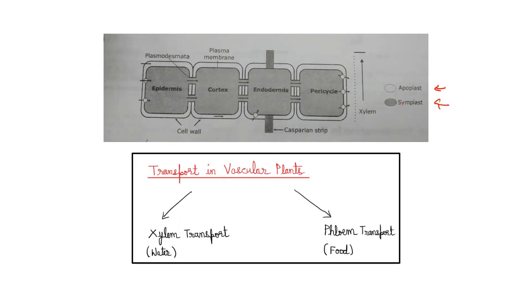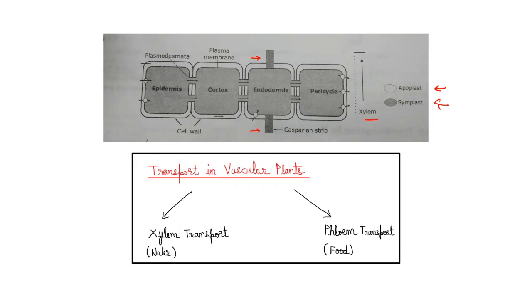Then you'll observe that at the endodermis there are Casparian strips which are laden with suberin, so that you have studied in anatomy also. Now from there, the water is forced to move inside the cell wall, and then water moves through the symplastic pathway, and then it enters the xylem over here.